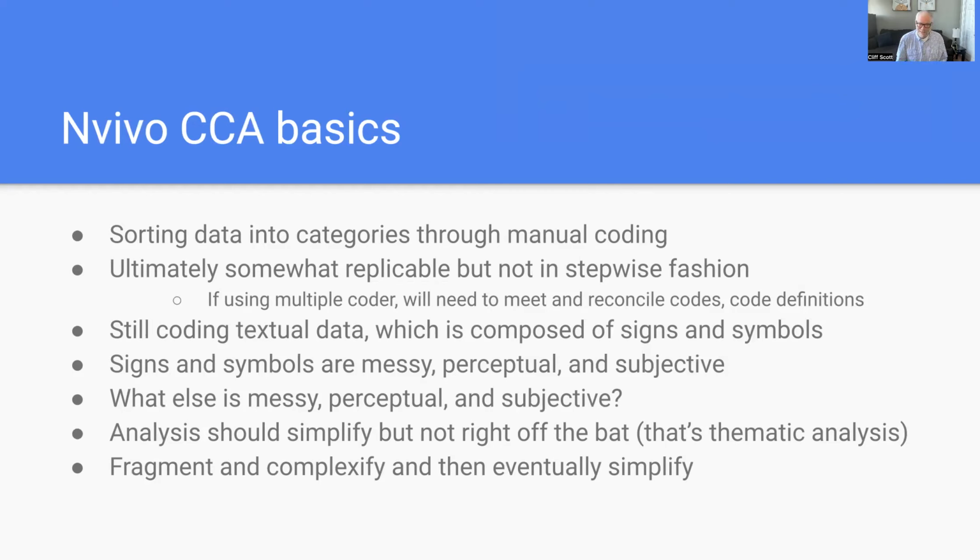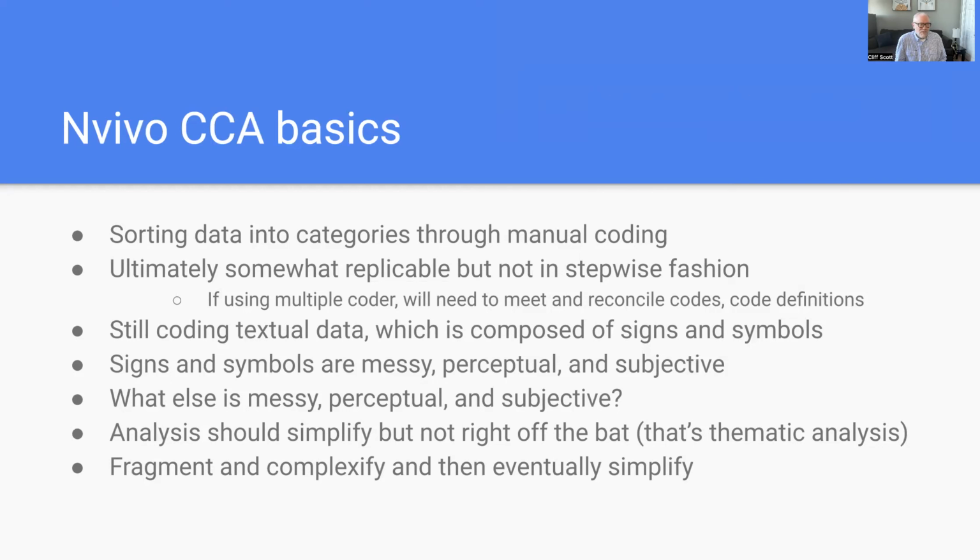As hopefully you are. You can certainly code data in a much more elaborate and consistent and rigorous way, in my opinion, by using computer-assisted qualitative data analysis software, like NVivo, for example.